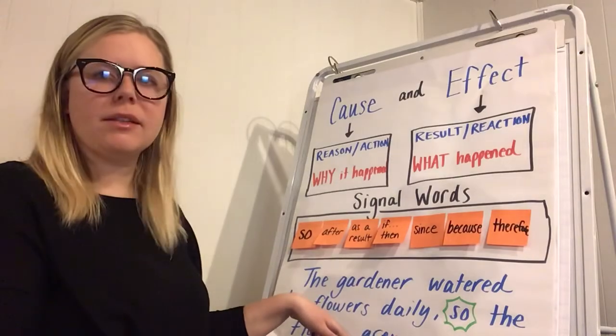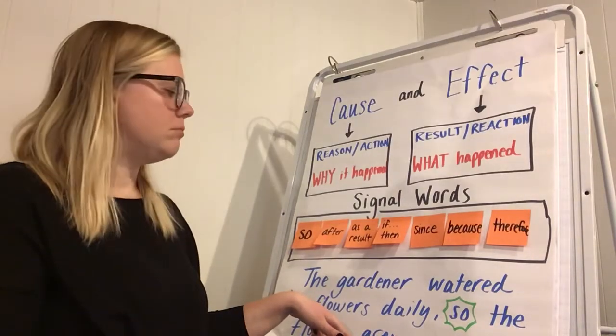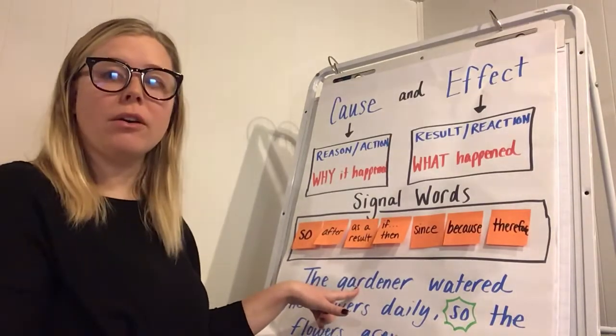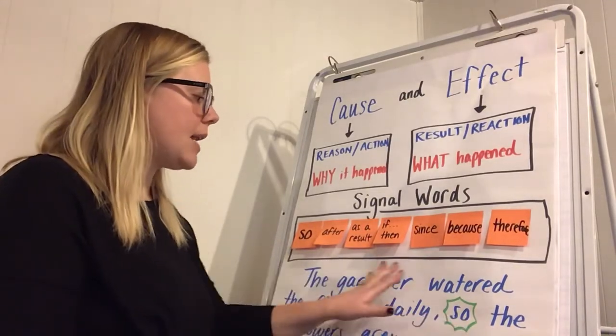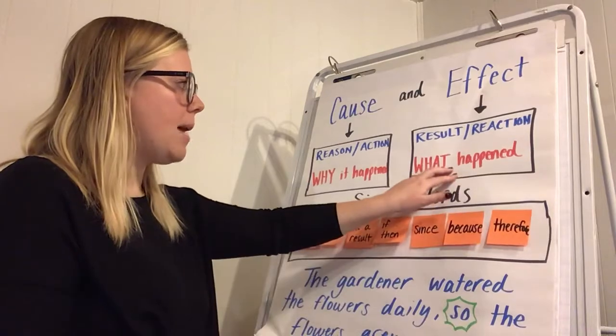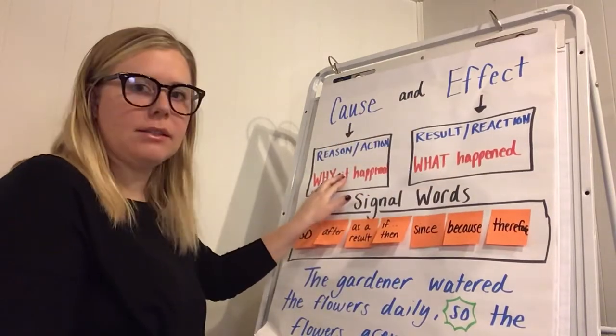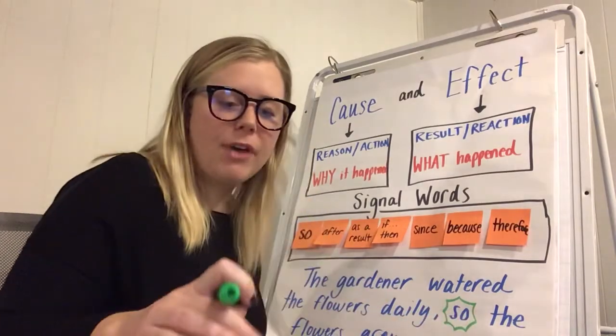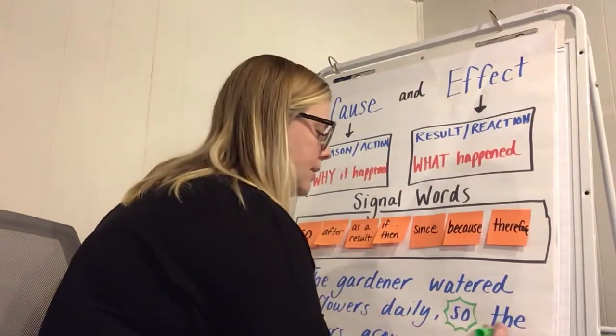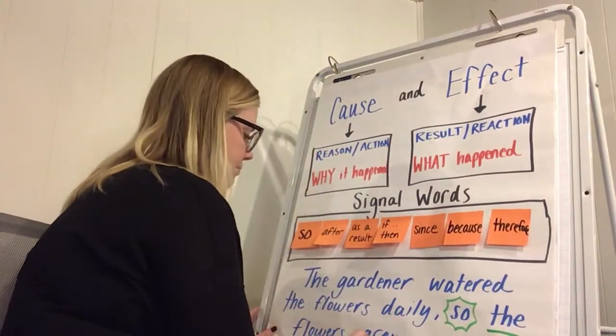What caused the flowers to grow? The gardener watering them daily, right? So the effect that happened, what happened because of the cause, is the flowers grew. So the effect is the flowers grew.